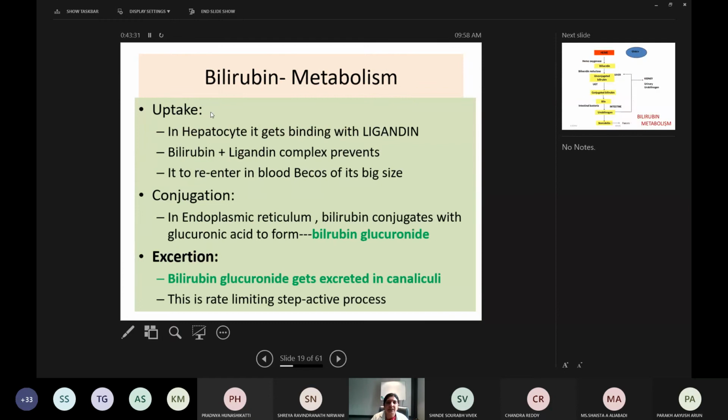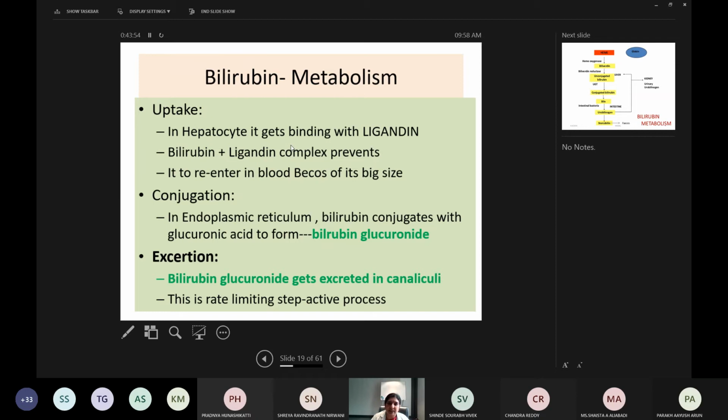Uptake is in the hepatocyte, where bilirubin binds with ligandin. The bilirubin-ligandin complex is formed, which prevents the re-entry of bilirubin into the blood because of its size. Whatever bilirubin enters the hepatocyte should not re-enter the portal circulation.